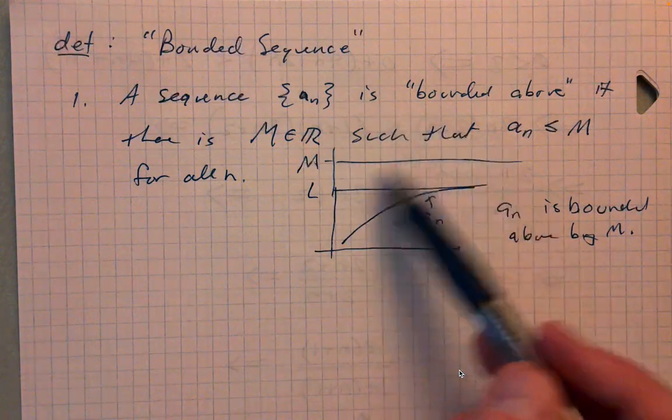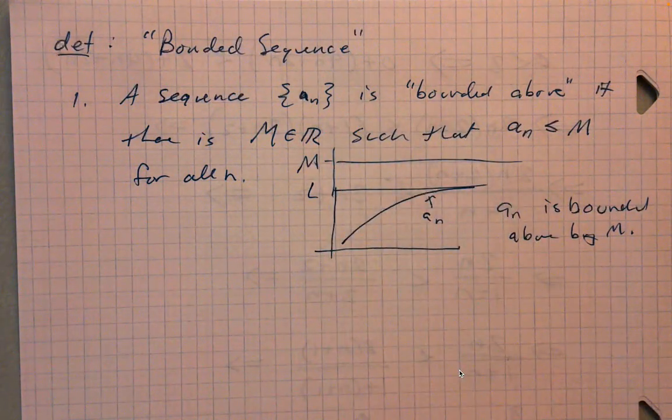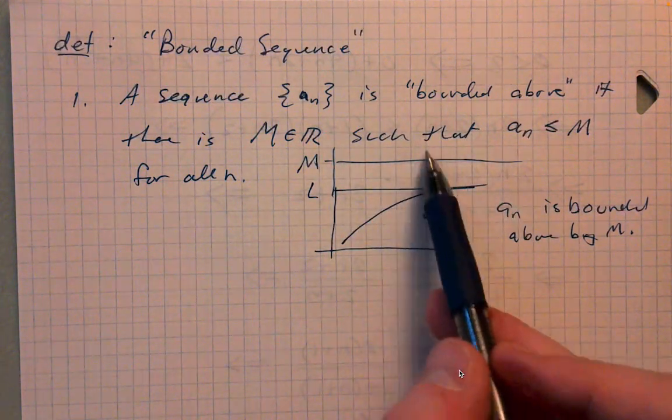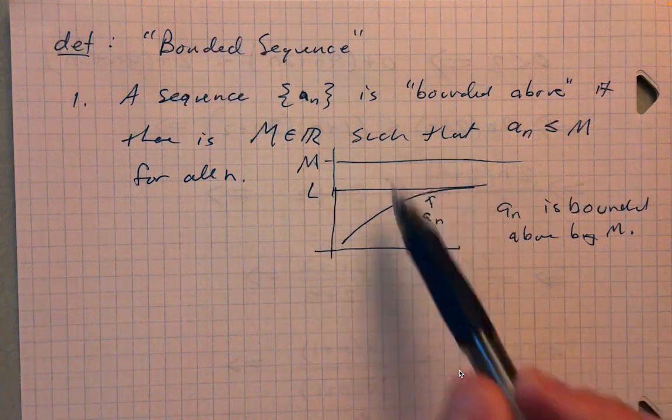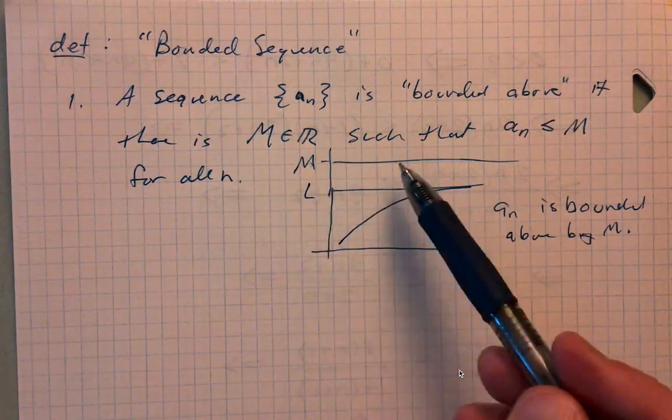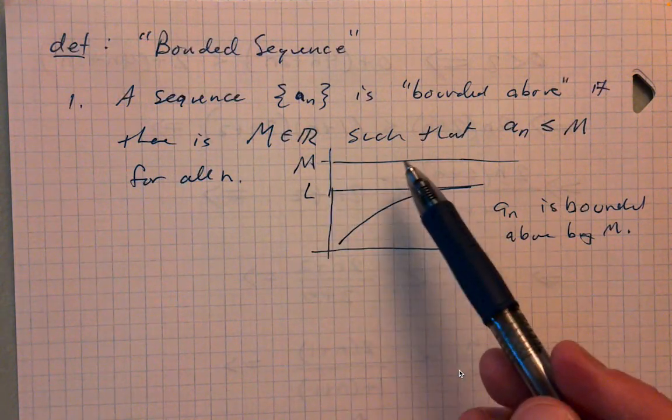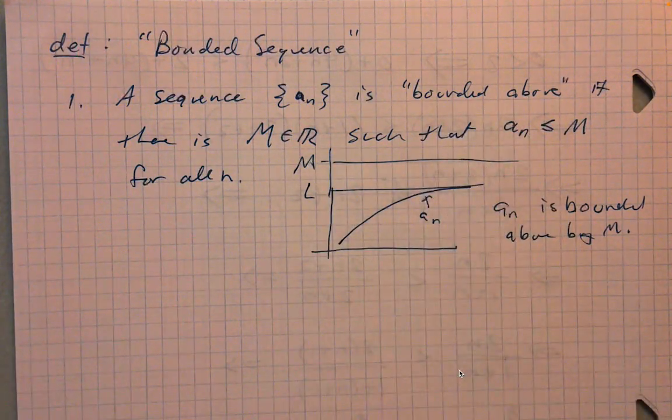This is not a very interesting example, but all this is saying is that M is some real number that's larger than every term of the sequence.